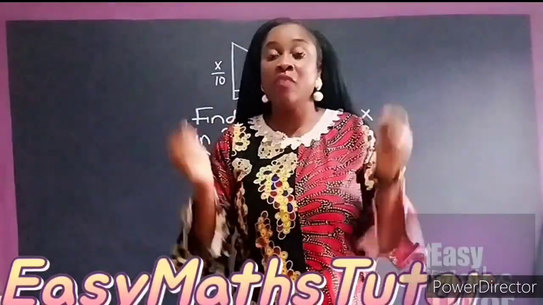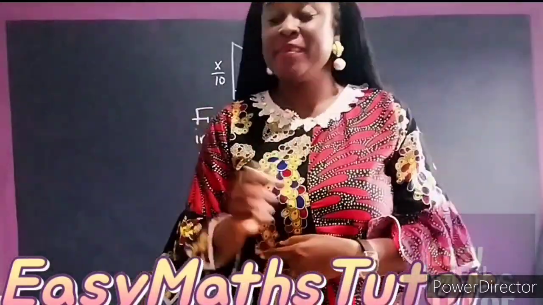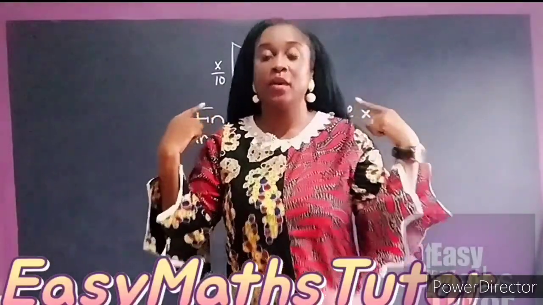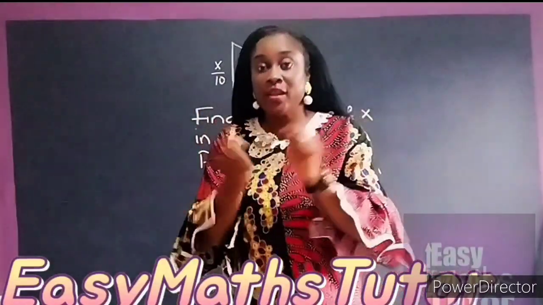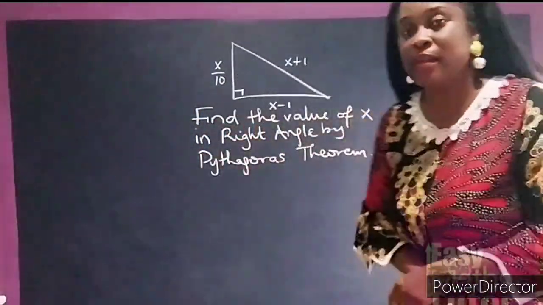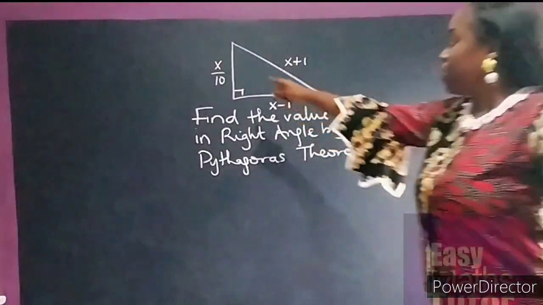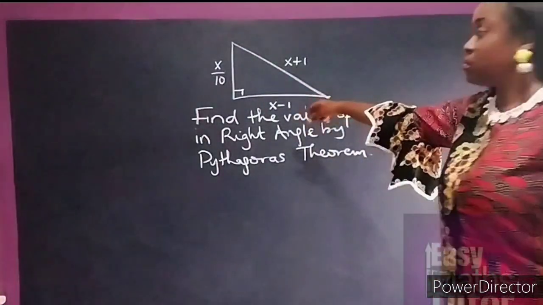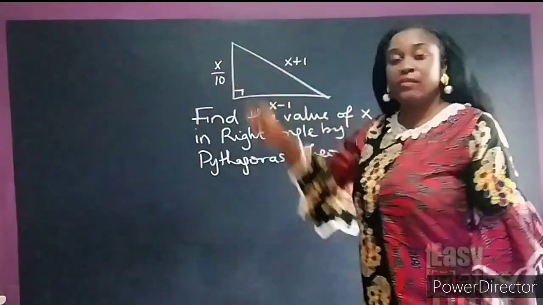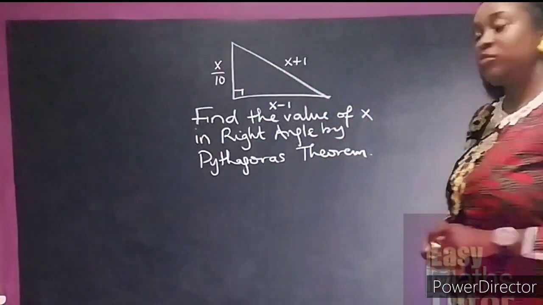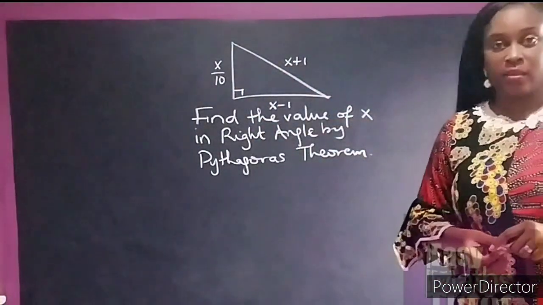Today I have a very interesting problem sitting right behind me on the blackboard. So what is this problem? Let's read it together. It's a right angled triangle with three sides written in terms of a variable x.